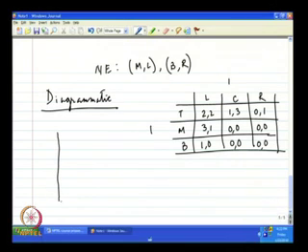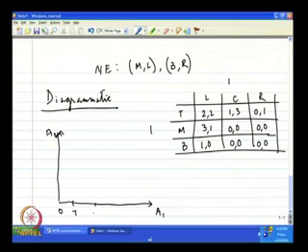What we are going to do is to draw two axes like x axis and y axis, and we are going to put the actions of player 1 here A1 and actions of player 2 here A2. So, player 1 has three actions T, M, B, and player 2 I know has three actions as well. They are L, C and R. So, L, C, R.